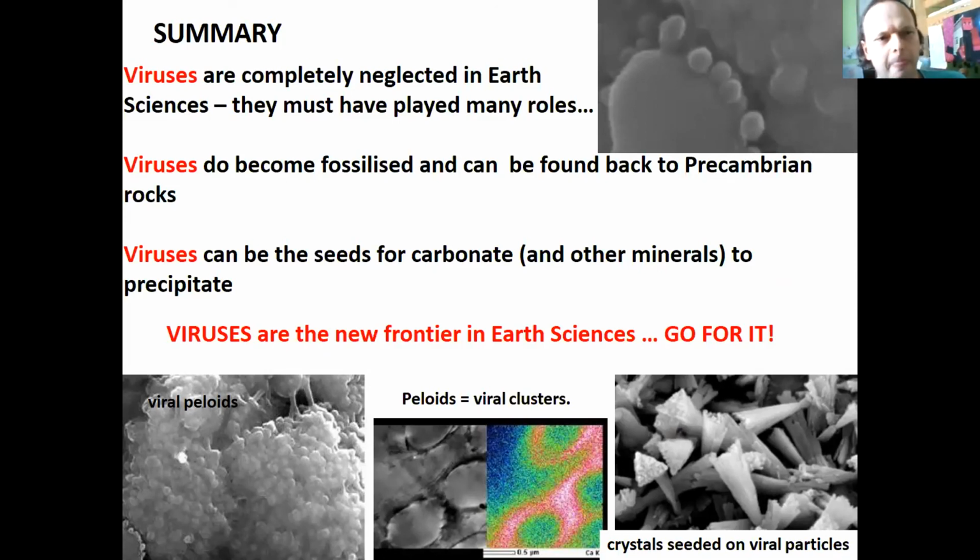And obviously, I think I showed you some very good examples. We will continue this experimental work, but also collecting samples from natural carbonate systems. We think that they can simply be seeds for carbonate precipitates. Okay, and here we have some examples of what I already focused on in this short talk.